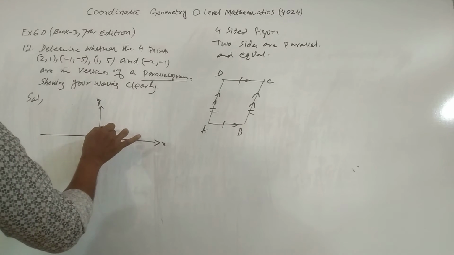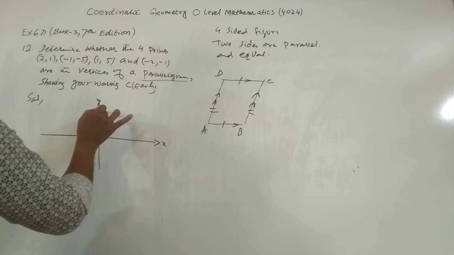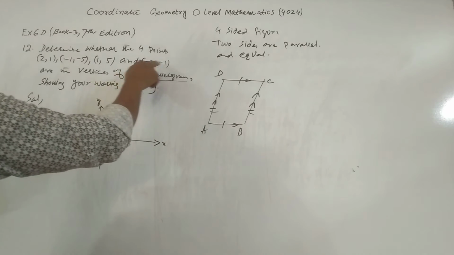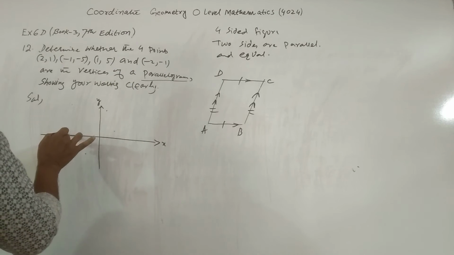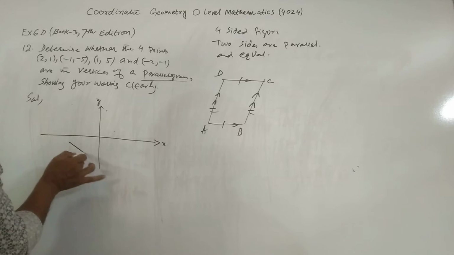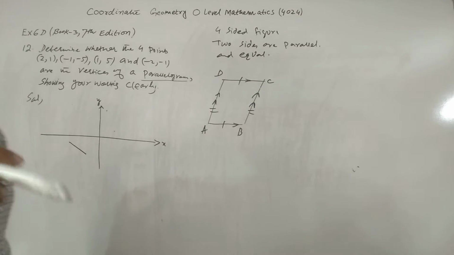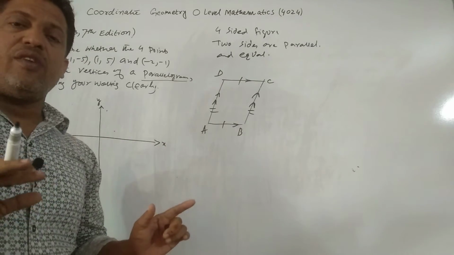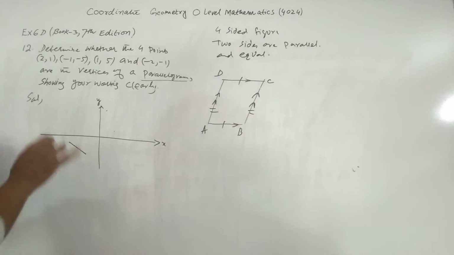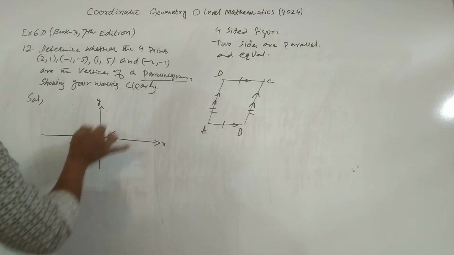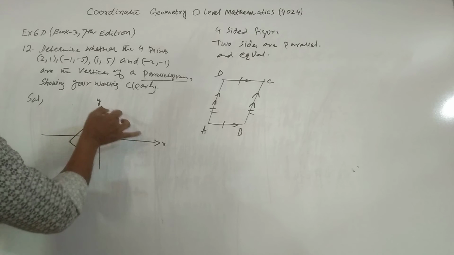This is (2, 1) and this is (1, 5), like this. And this is (-2, -1), like this. Now join these points. We don't need to draw an accurate diagram of a parallelogram, but we just plot because of some reason. What is the reason? I will tell you after the question.